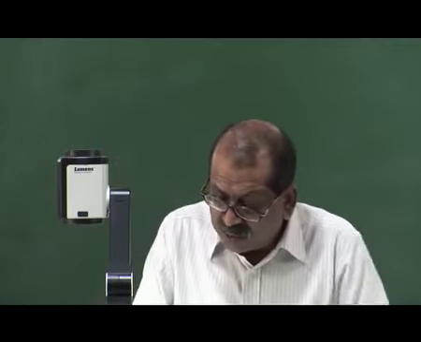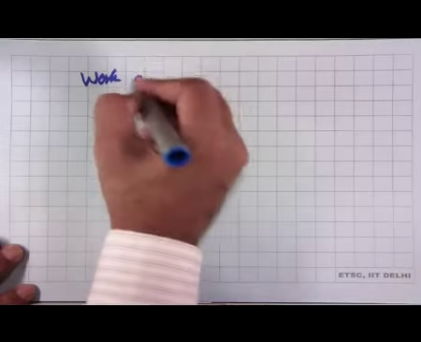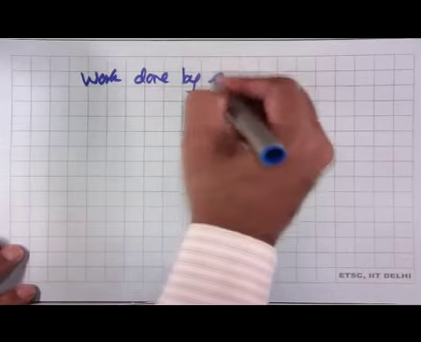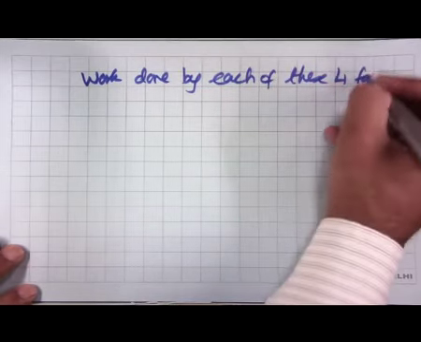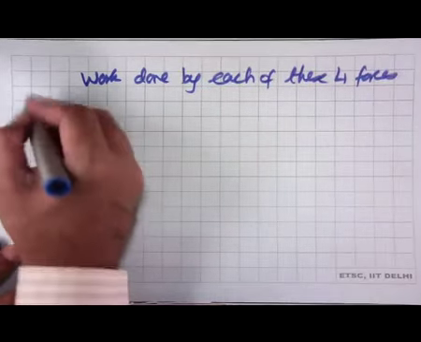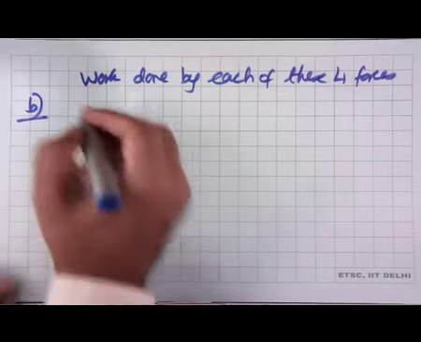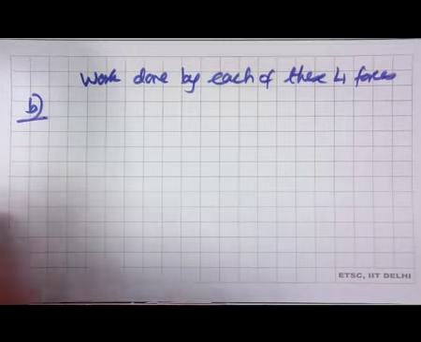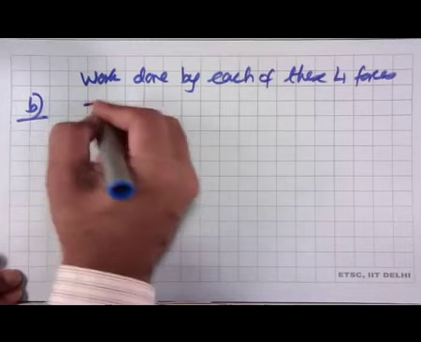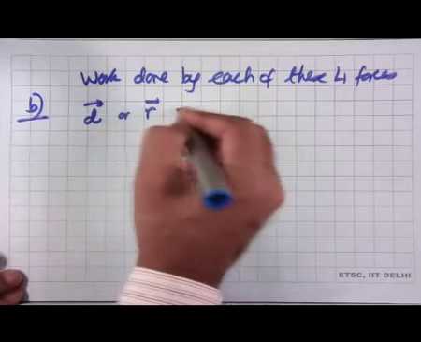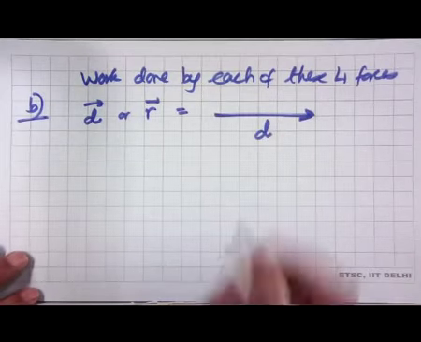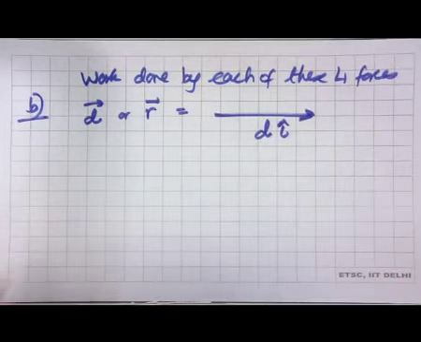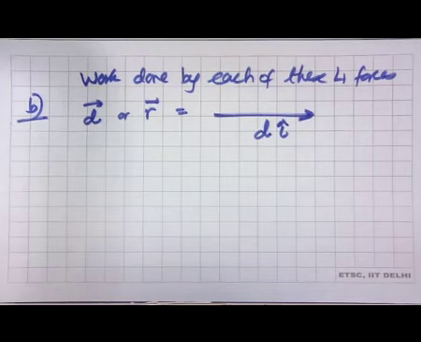Part B is we have to find the work done by each of these 4 forces. Now, what we realize is that the displacement of the block, r vector, is in the x direction, so this is equal to d i, a distance d in the x direction.